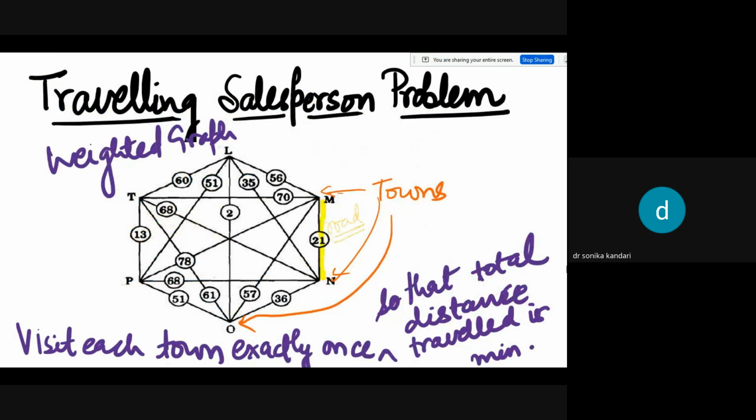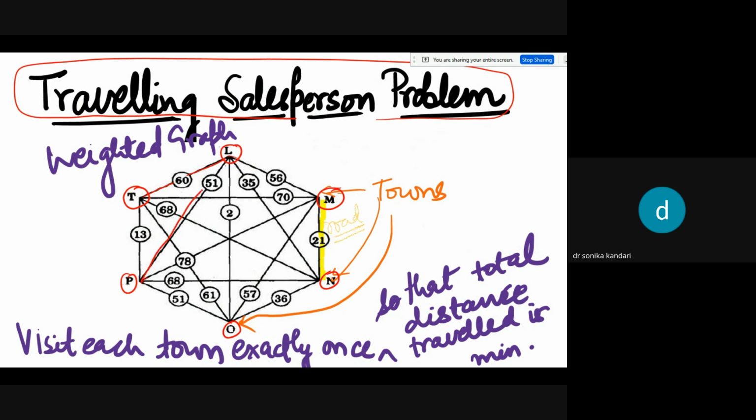So, the traveling salesman problem. In the traveling salesman problem, there is a traveling salesperson and he has to visit every city exactly once. And these are cities T, L, M, N, O, P. And these are the weights associated.